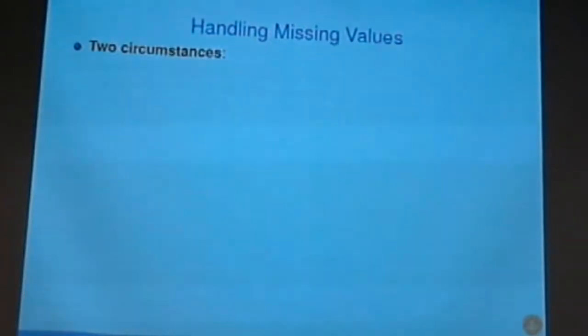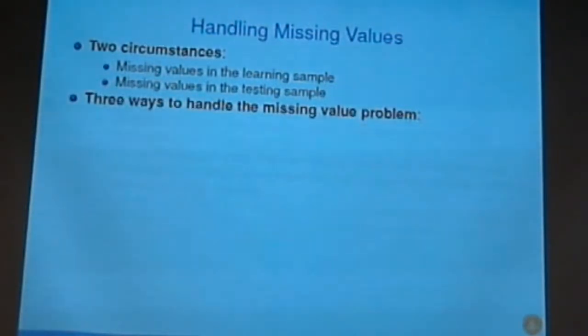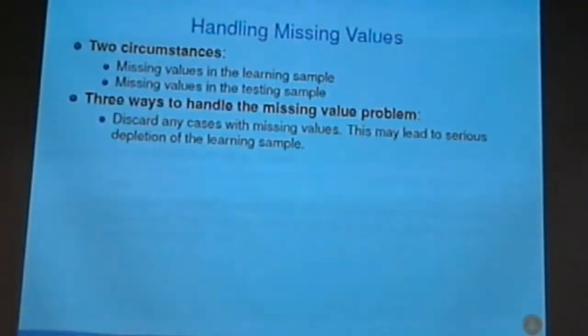And actually, part of this we already talked about: handling missing values. There are two circumstances about missing values. Missing values could occur in the learning sample and could occur in the testing sample. And there are three ways to handle the missing value problem. Discarding is probably the first way, but this is probably not the way to go.